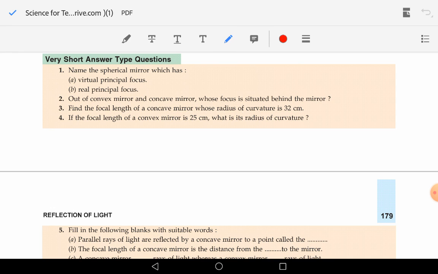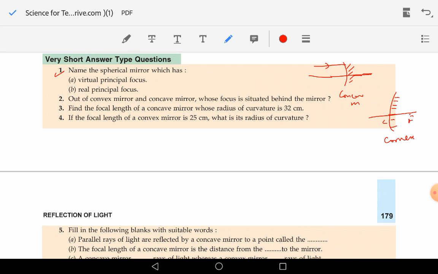Question number 1 says: name the spherical mirror which has a virtual principal focus and which has a real principal focus. So let us try and understand that. We all know spherical mirrors are of two types. This is a concave mirror, and this one is a convex mirror.